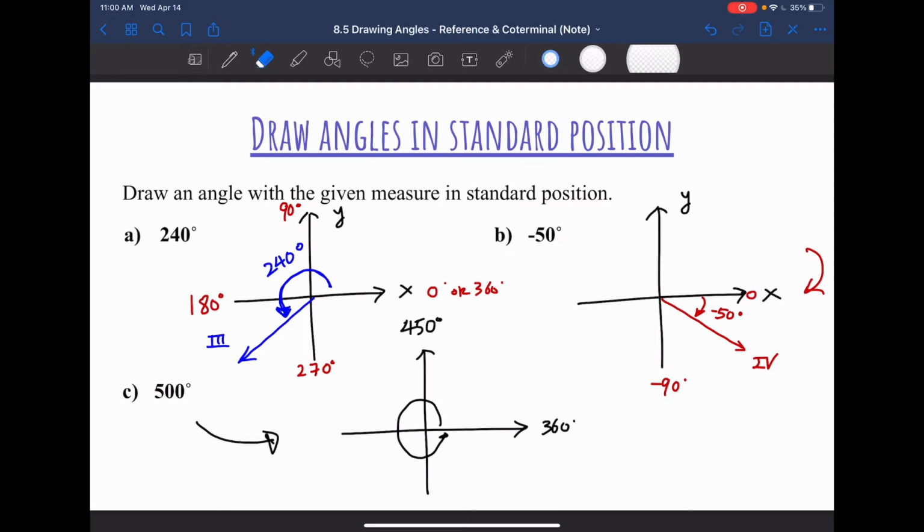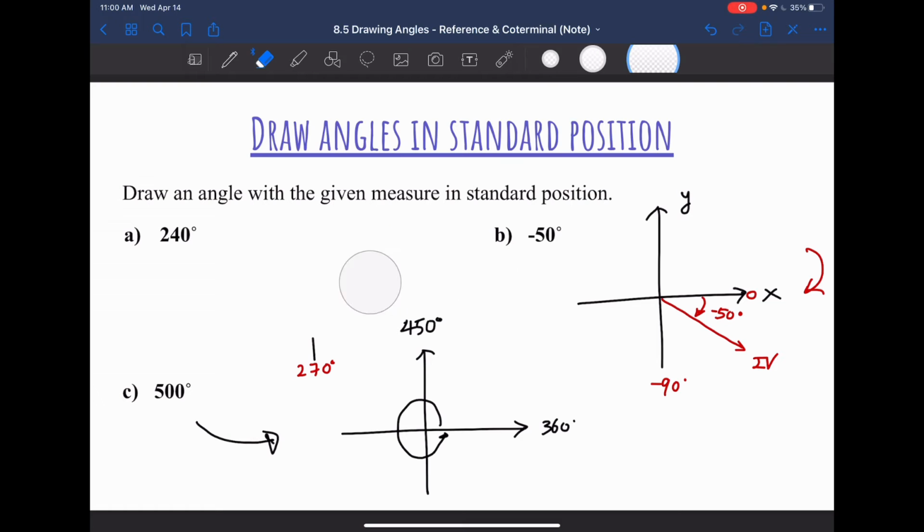Let me erase this so you don't get confused. How did I get 450? I added 90 degrees. And then 450 plus 90 will be 540 degrees. So 500 is supposed to be between 450 and 540.